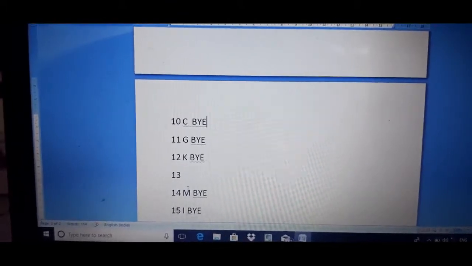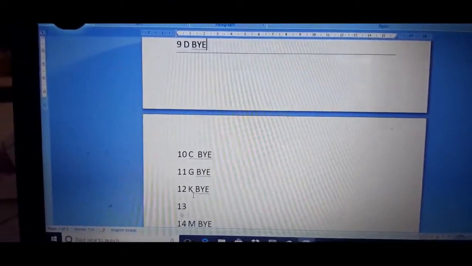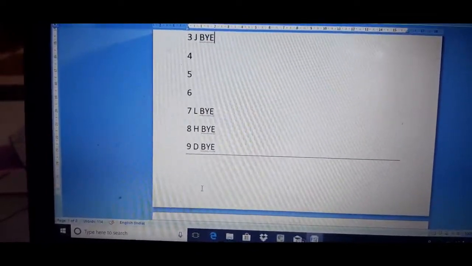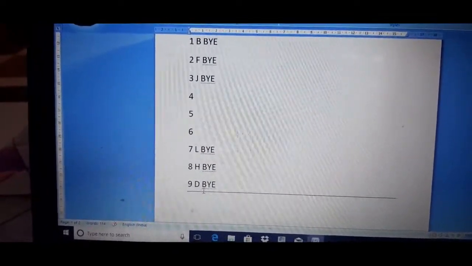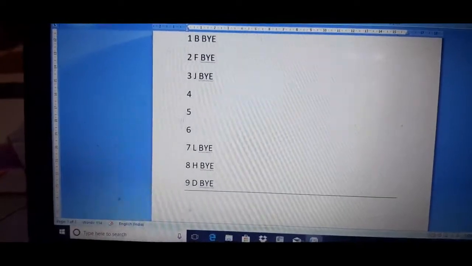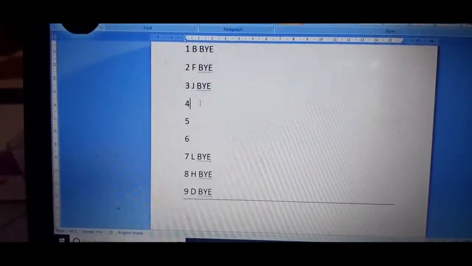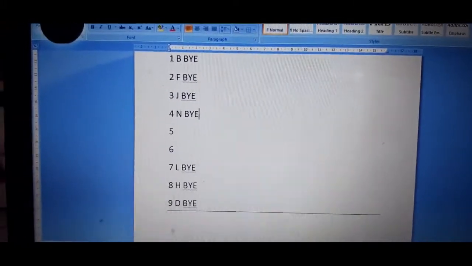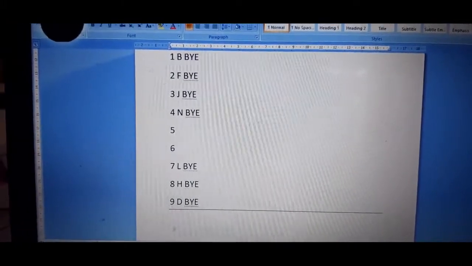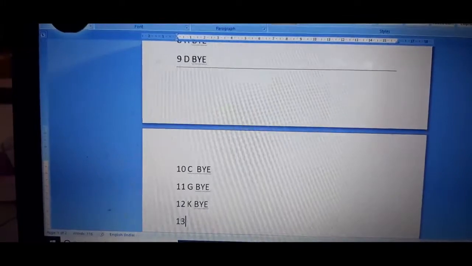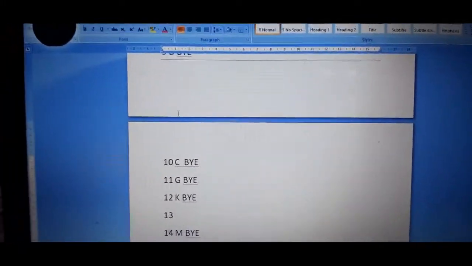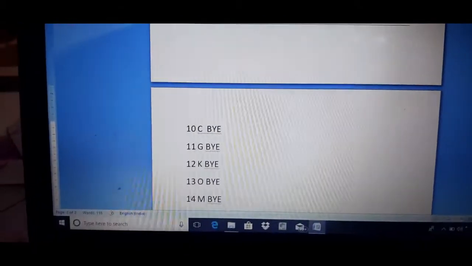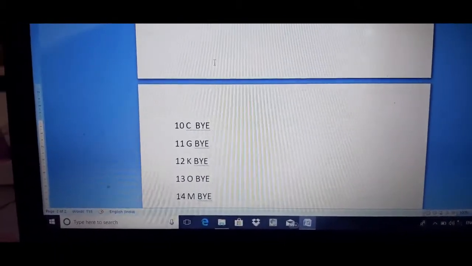Then after M is N bye, so that will come again on the top. N bye. After N is O bye, and O will come to the top of the lower half.